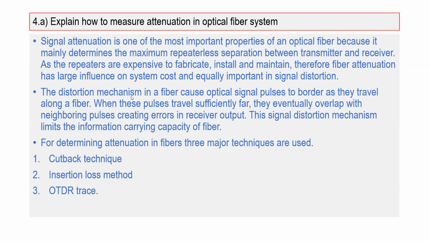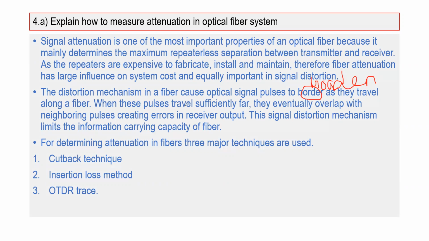The distortion mechanism in a fiber causes optical signal pulses to broaden as they travel along the fiber.